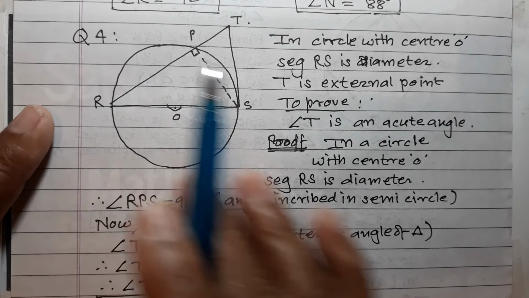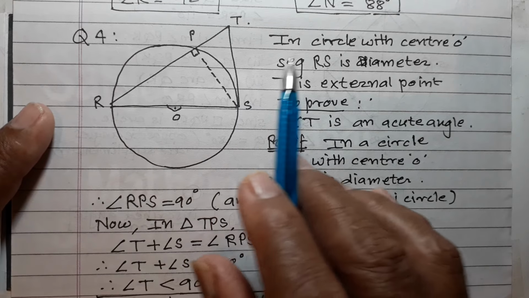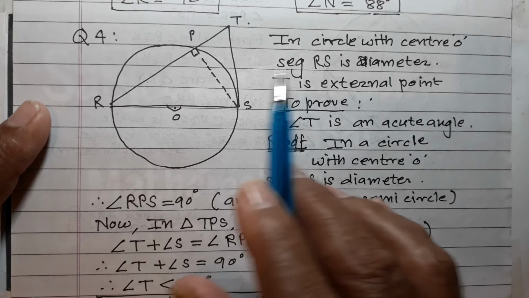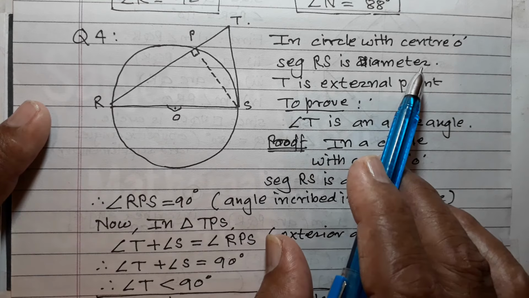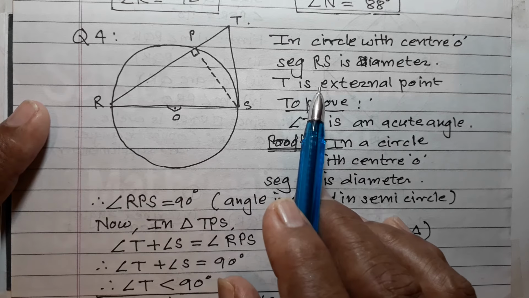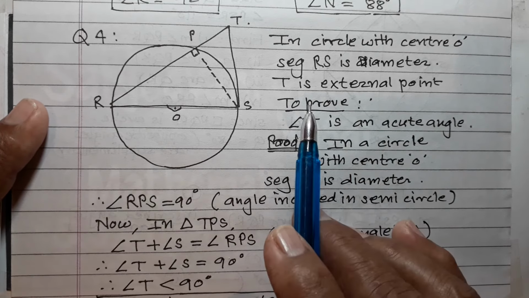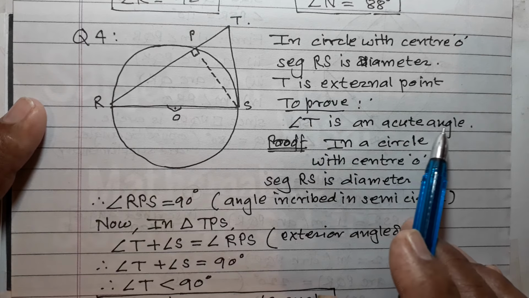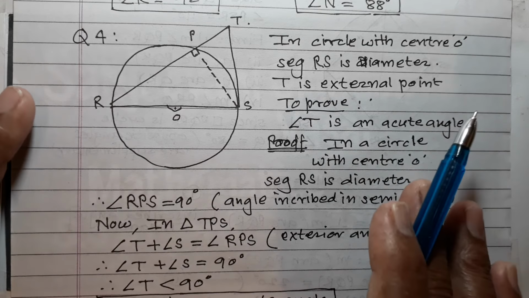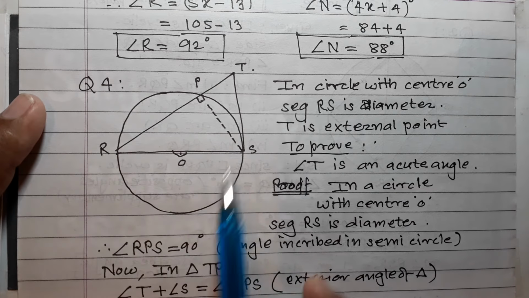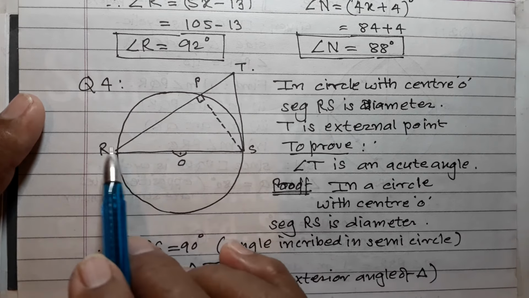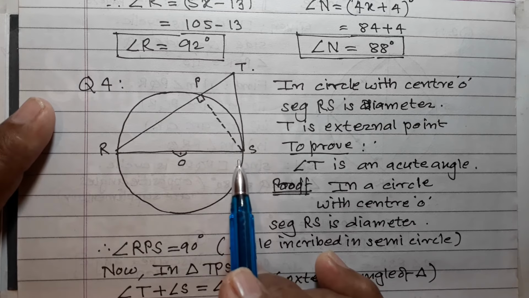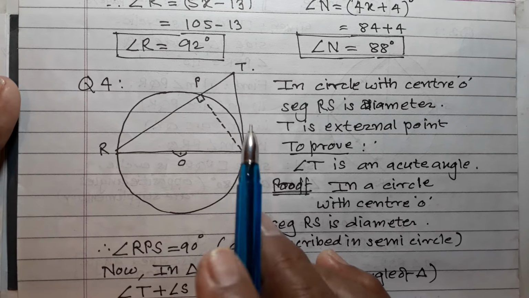Question number 4. In a circle with center O, say RS is diameter, T is an external point. Prove that angle T is an acute angle. Okay, now this is a circle with center O, RS is diameter, given.